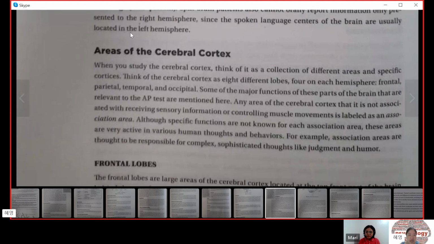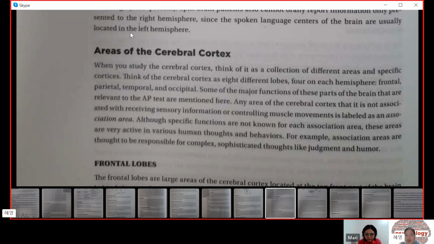And areas of the cerebral cortex. When you study the cerebral cortex, think of it as a collection of different areas and specific cortices. Think of the cerebral cortex as 8 different lobes, 4 on each hemisphere: frontal, parietal, temporal, and occipital.